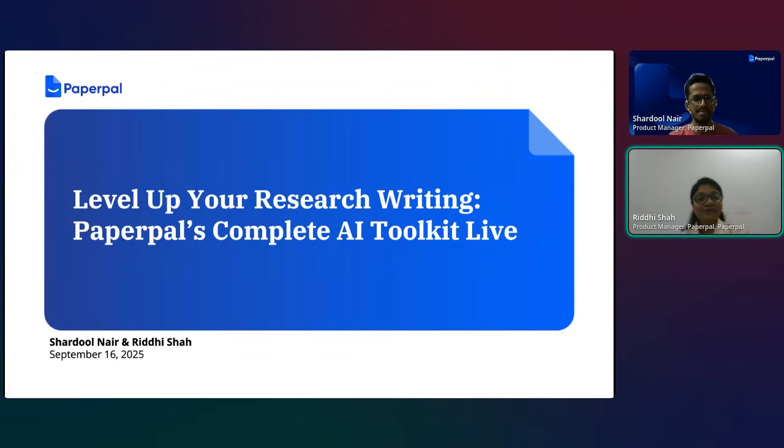Okay, so hello everyone. Welcome to this live demonstration of Paperpal's AI Toolkit. We're very glad you could join us today, and I hope you've been having a really good time at the peer review week. I myself have really enjoyed certain talks and have been really amazed to see how AI has been adopted and amazed at the speed of adoption.